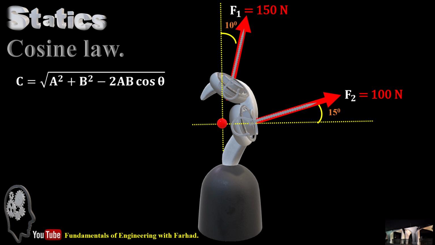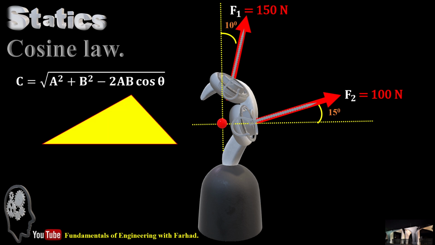The cosine law just says if we have a triangle like what you can see here with the dimensions of A, B, C, and the opposite angle of B is beta, A is alpha, and C is theta. Then the length of the hypotenuse is the square root of a squared plus b squared minus 2 times a times b times the cosine between them, which is theta.